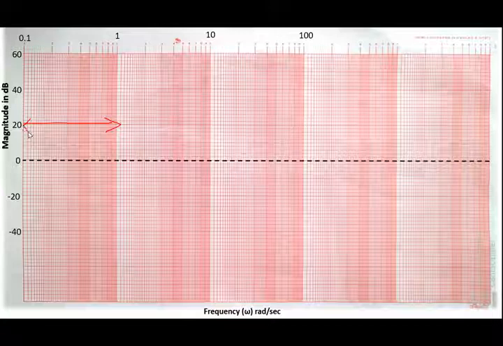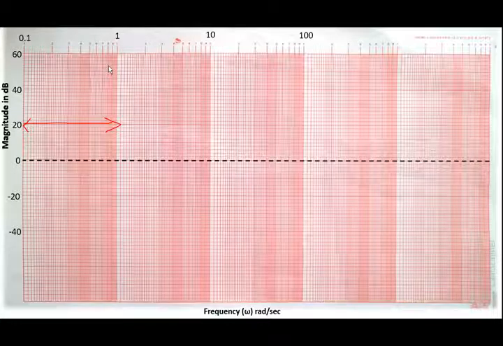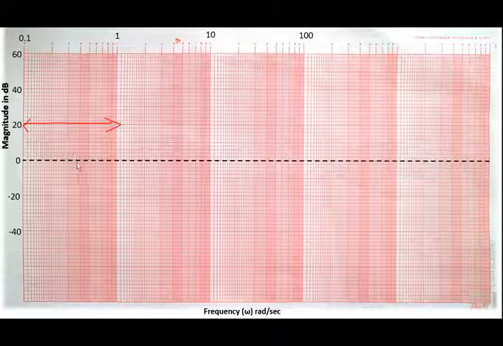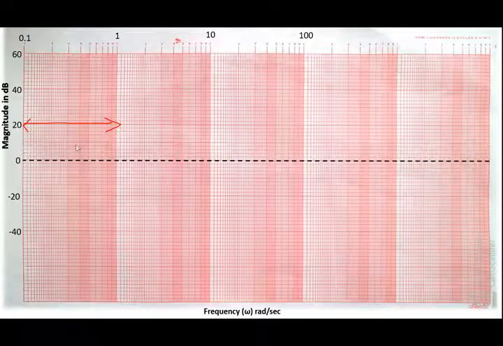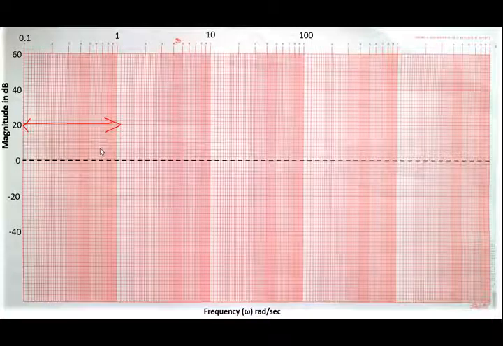Total 10 divisions we need to consider, 0.1 to 1. This is one decade. Always while considering the standard inclination values, you should go for one complete decade. You should not consider only one division. You should consider the complete one decade. So here I am considering one decade.